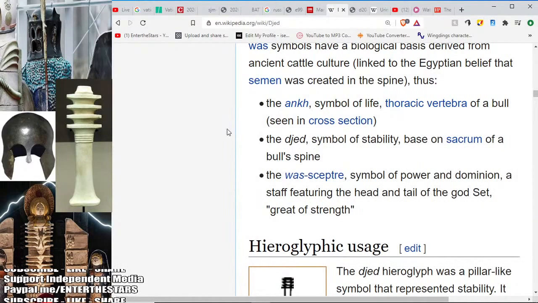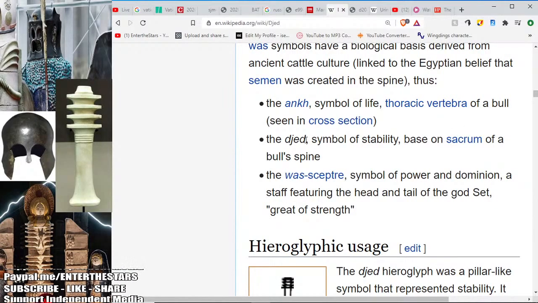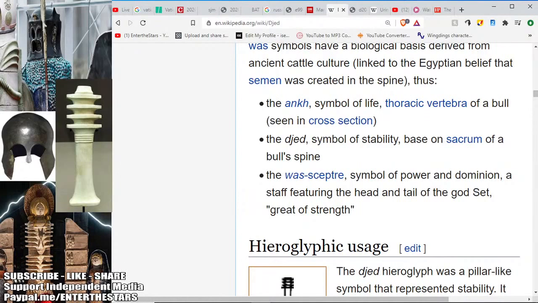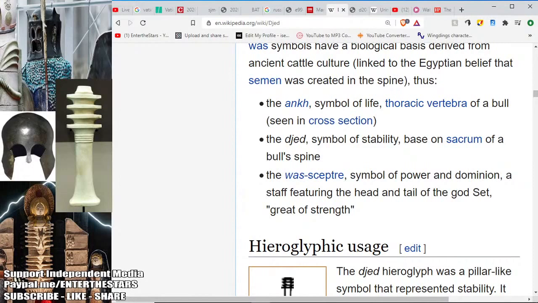Thoracic basically means the part by your chest, so the vertebrae very closest to the heart. When you take one of those vertebrae out of the spine, it actually looks like the shape of an ankh. That's what they were going after, the thoracic vertebrae of the bull. So now we have these aspects of the spine, which has eerie similarities to the Kundalini in the worship of the beast.